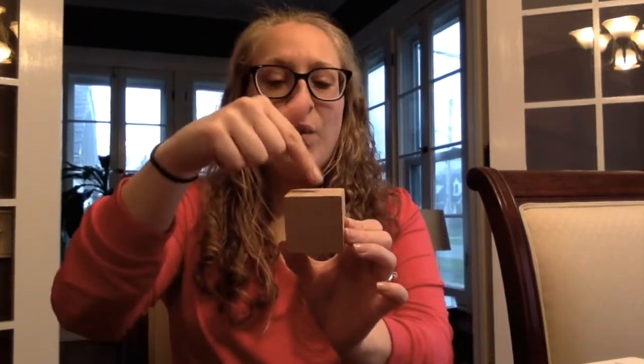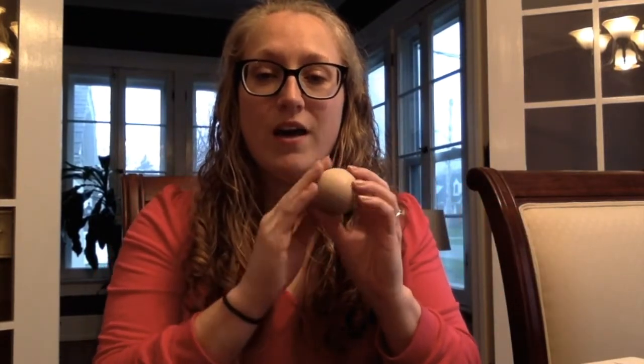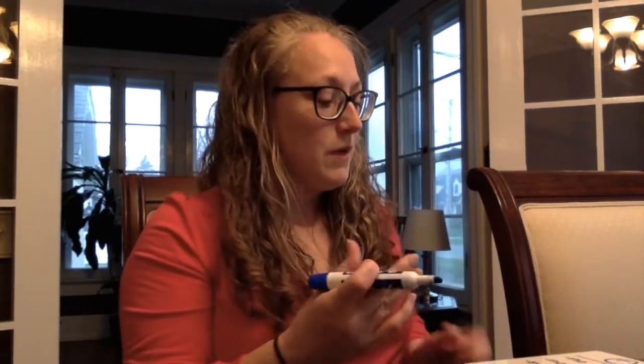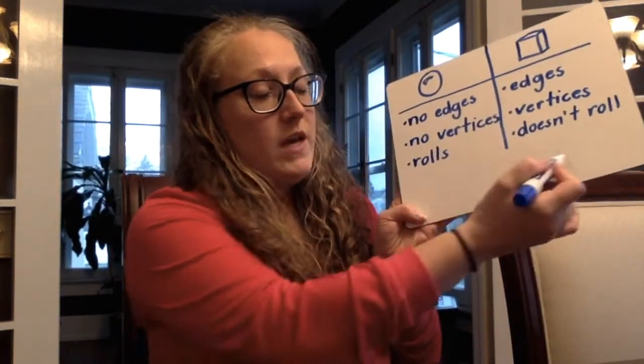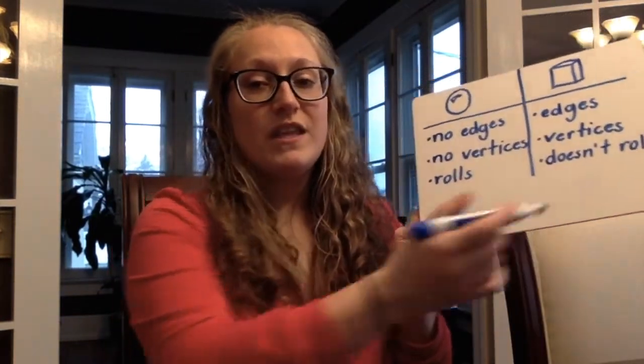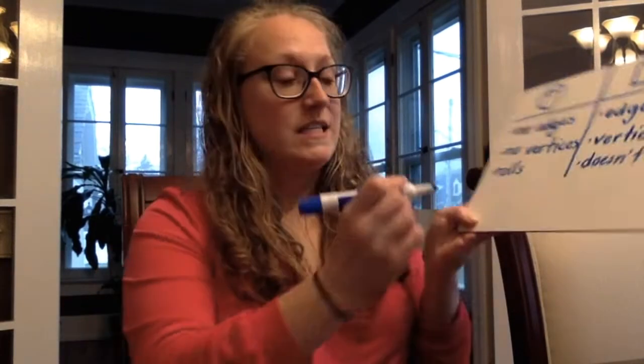Let's do that again. 1, 2, 3, 4, 5, and 6 faces. And my sphere only has one face because it goes all the way around, just one. So I'm going to mark that down on the bottom part, and I'm going to put it in between because we can put that they both have faces.